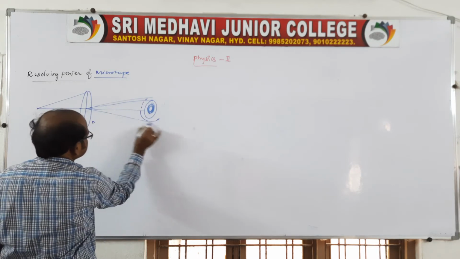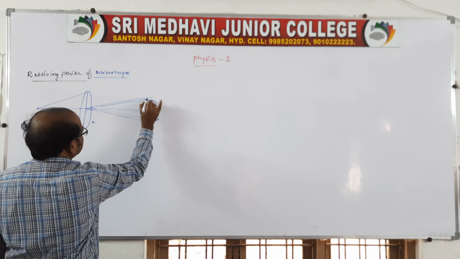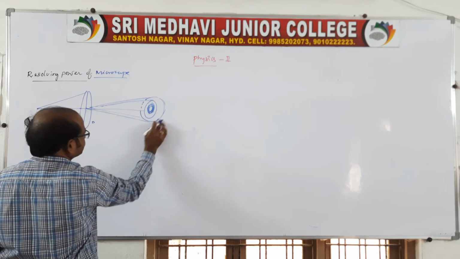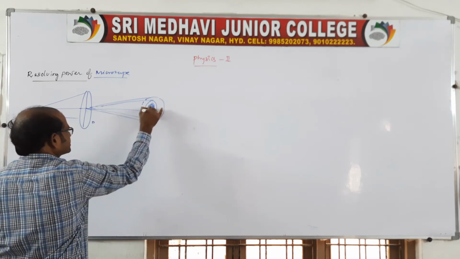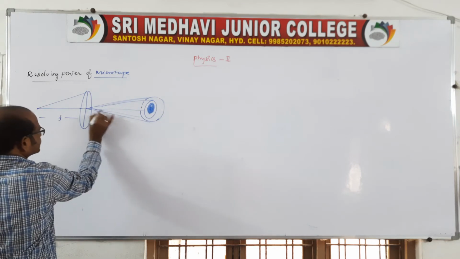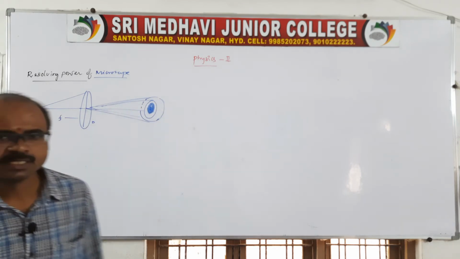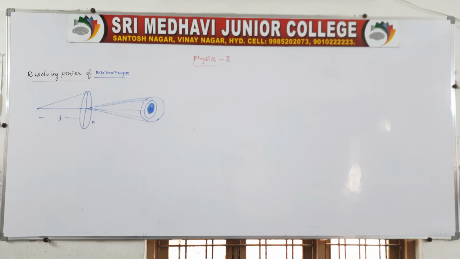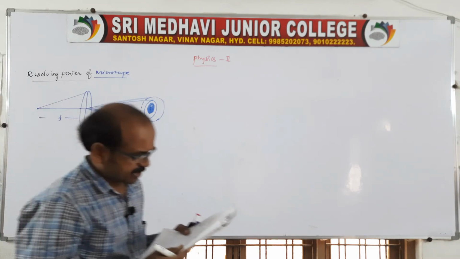The rays go like this. Here again we have the same central bright region. Due to the diffraction pattern, the rays are focused at one point, so the image of a point will again be a diffraction pattern whose size is in the image.